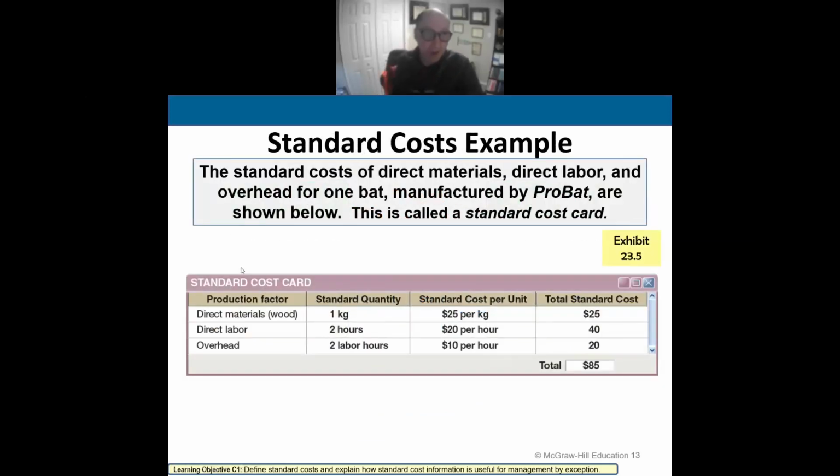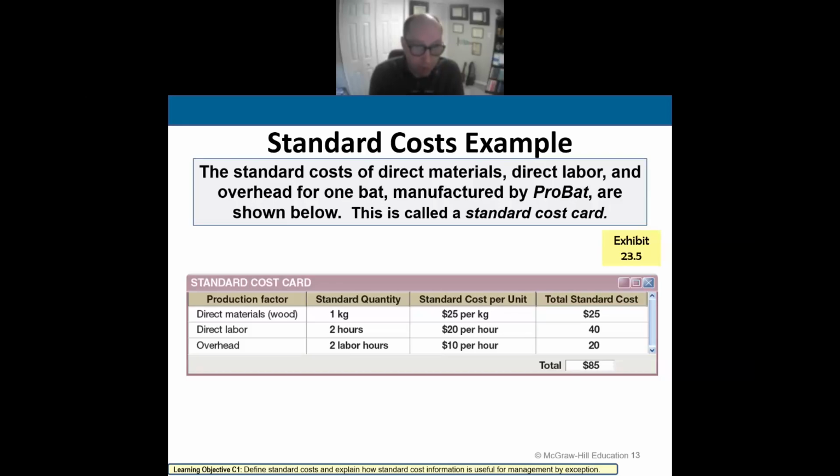So let's take a look at an example here. We have an example of a company that makes baseball bats. So our company makes baseball bats, and we have standard costs for wood. We have a standard dollar amount per hour for labor, and we have a standard overhead rate.